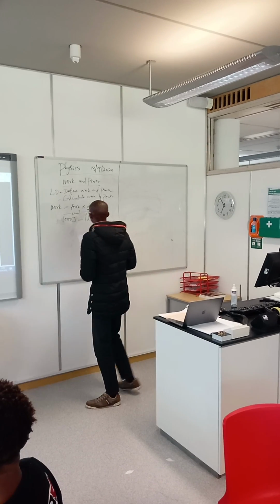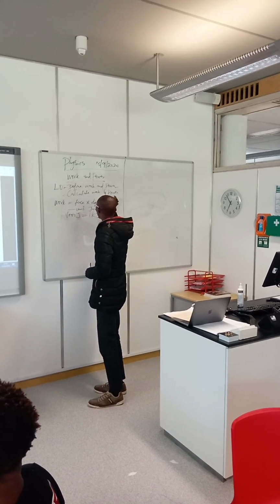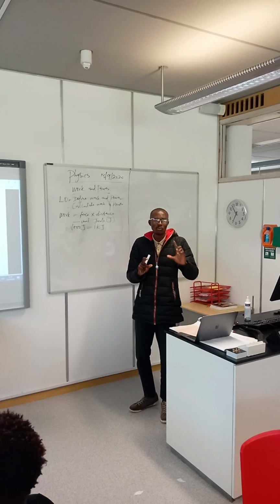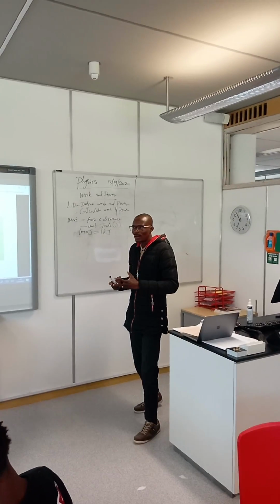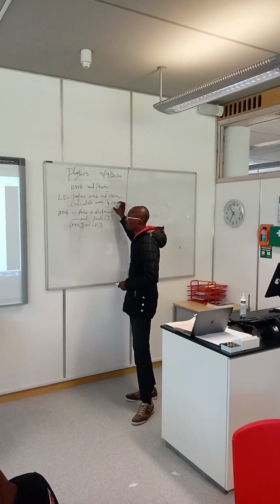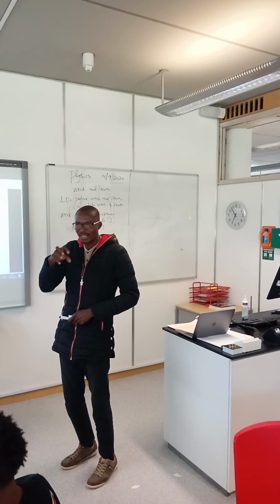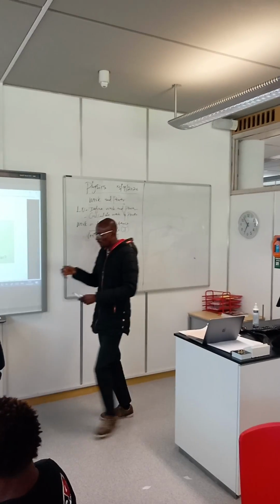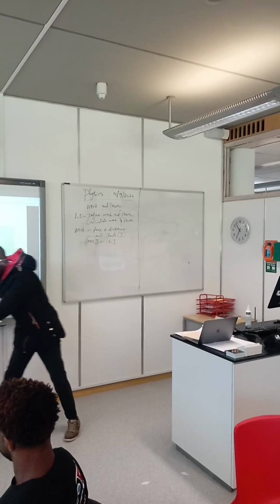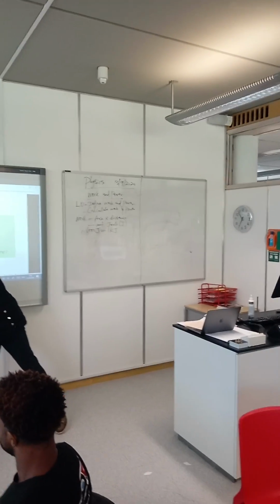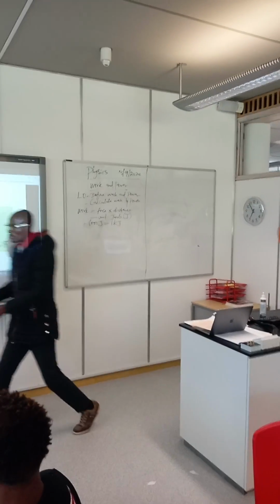Okay, let's proceed. When we come to power, some students have a misconception between work and power. Power has to do with the time rate of doing the work, or utilizing energy. For instance, if I moved this, if I've done some work, maybe it takes me 5 seconds or 3 seconds or 2 seconds.